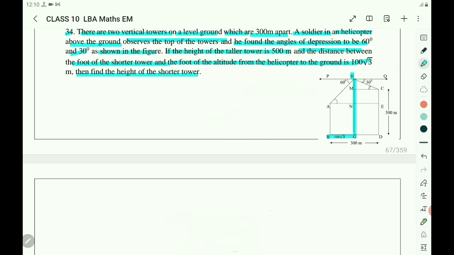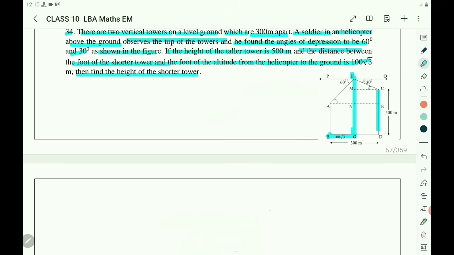That is, the distance between B and G is 100 root 3 meter.